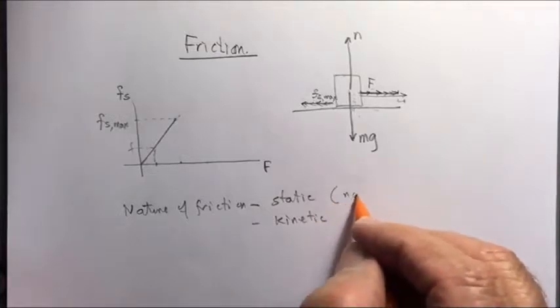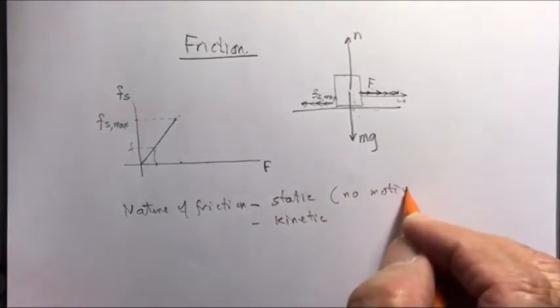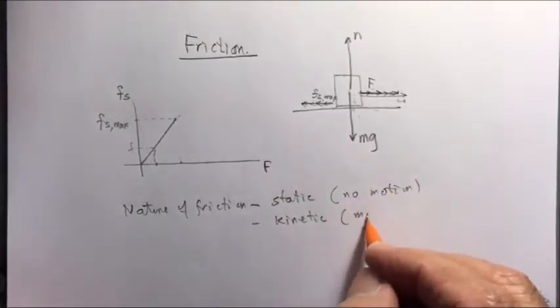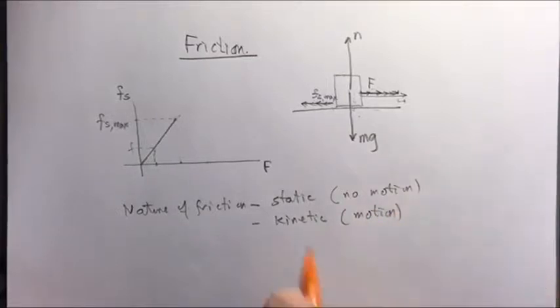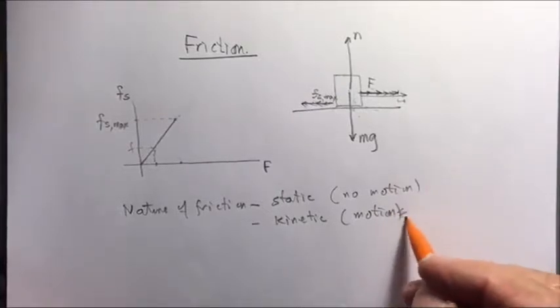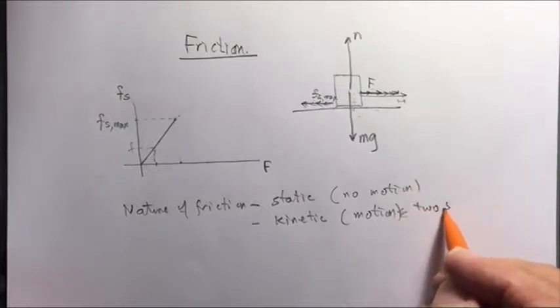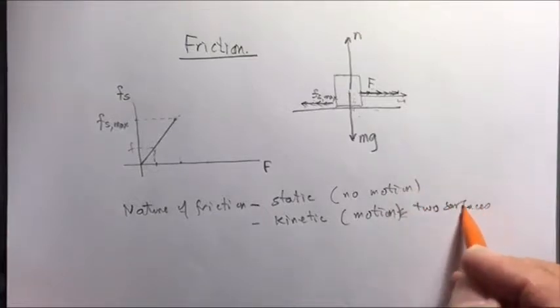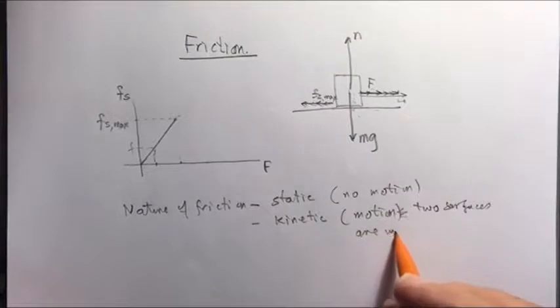This is when there is no motion, and this is when there is motion. Well, motion may not be the right word; it's slipping. The two surfaces are in relative motion with respect to each other.